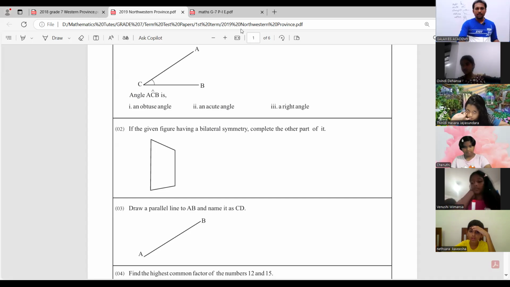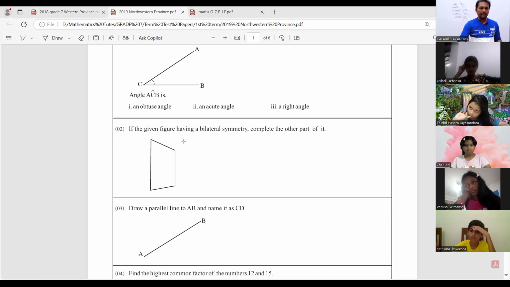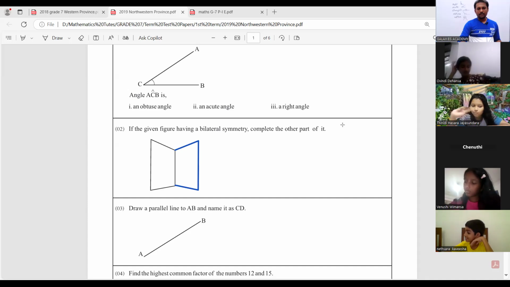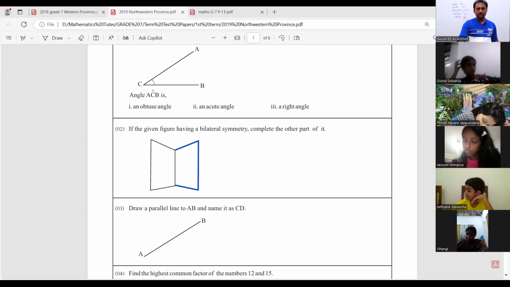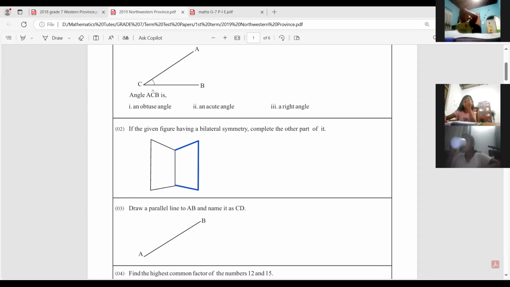So you can complete the diagram. You can draw like this. Equally you draw. Right? It is the answer for this question.